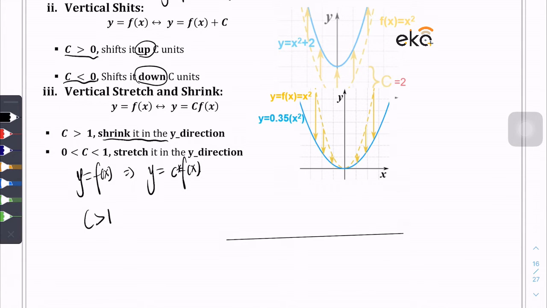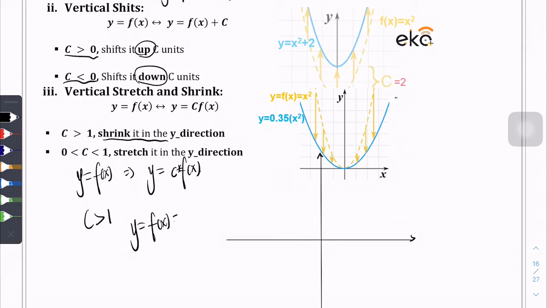For example, y equals f(x) equals x squared now becomes y equals 2f(x) equals 2x squared.